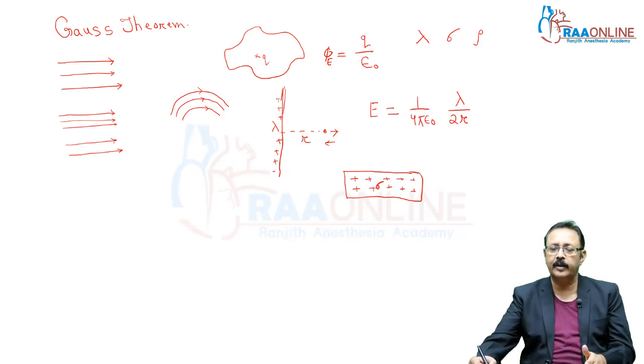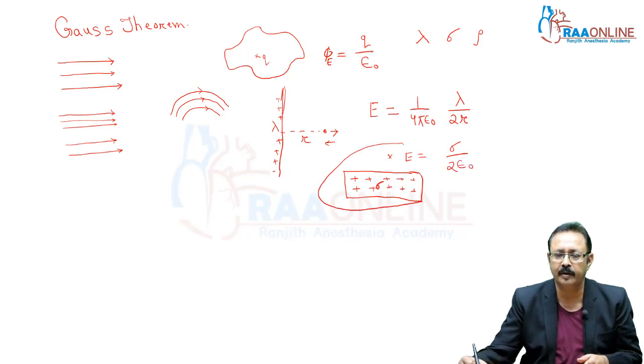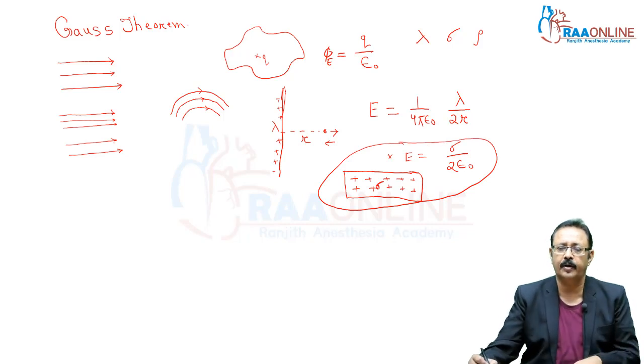At any point it is equal to sigma upon 2 epsilon naught.